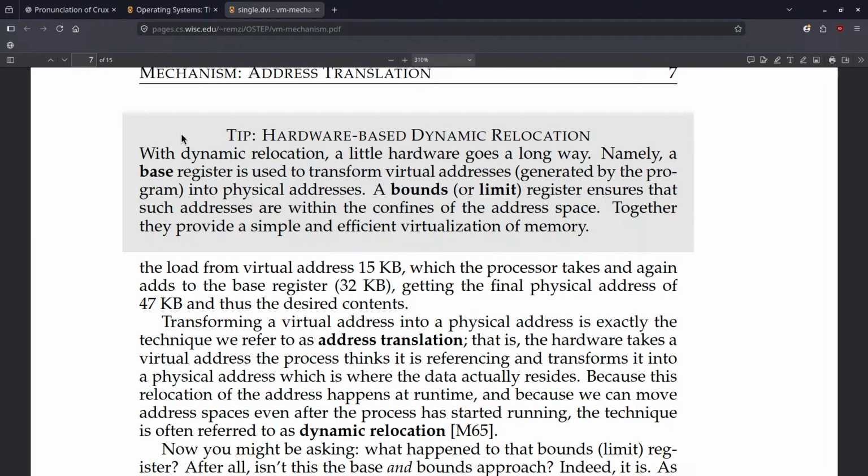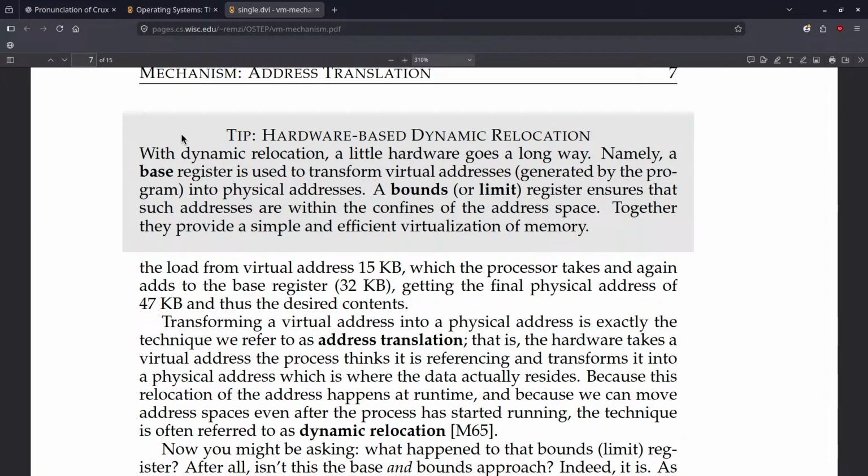The load from virtual address 15 kilobytes, transforming a virtual address into a physical address, is exactly the technique we refer to as address translation. That is, the hardware takes the virtual address the process thinks it's referencing and transforms it into a physical address, which is where the data actually resides.